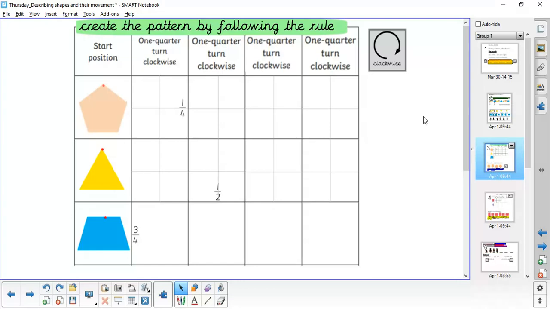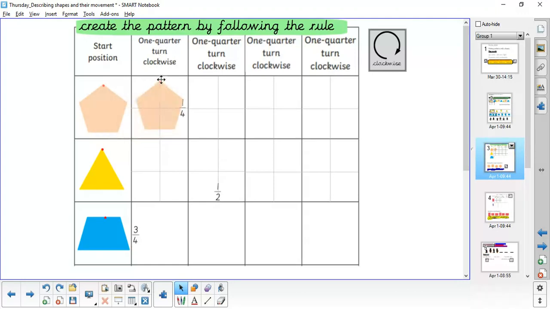So now what I want to look at are the key words that we mentioned at the beginning of the lesson, and to create the pattern by following the rule. So my start position for this peach pentagon is here, and I've got the red dot at the top just to make it a little bit easier for myself. And each time I have to turn the shape 1/4 turn clockwise.